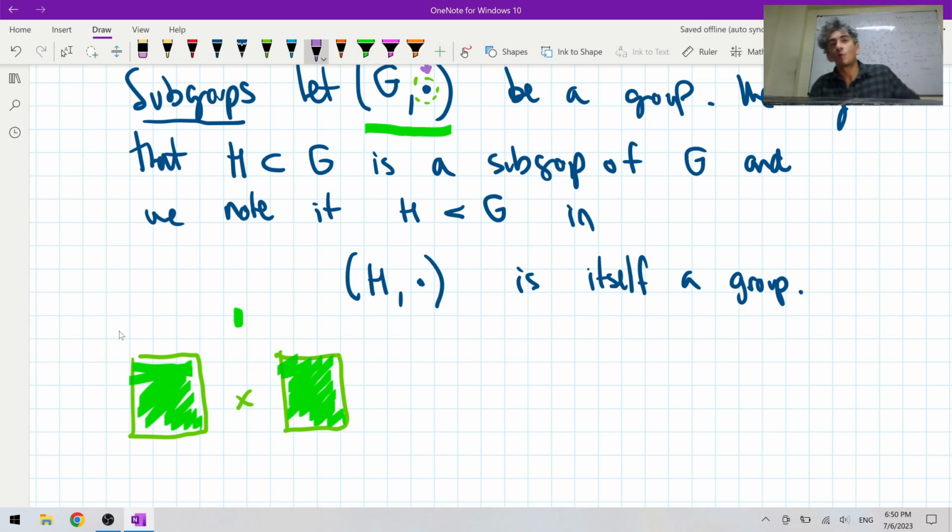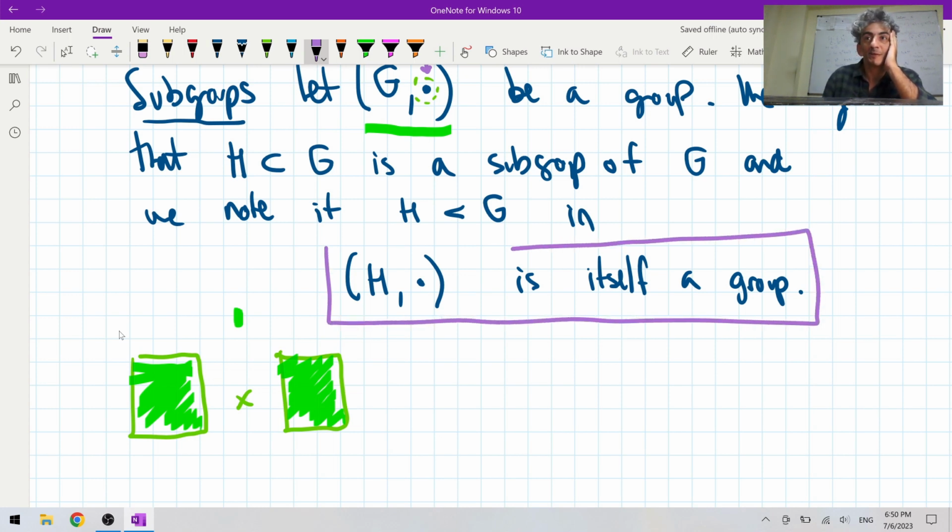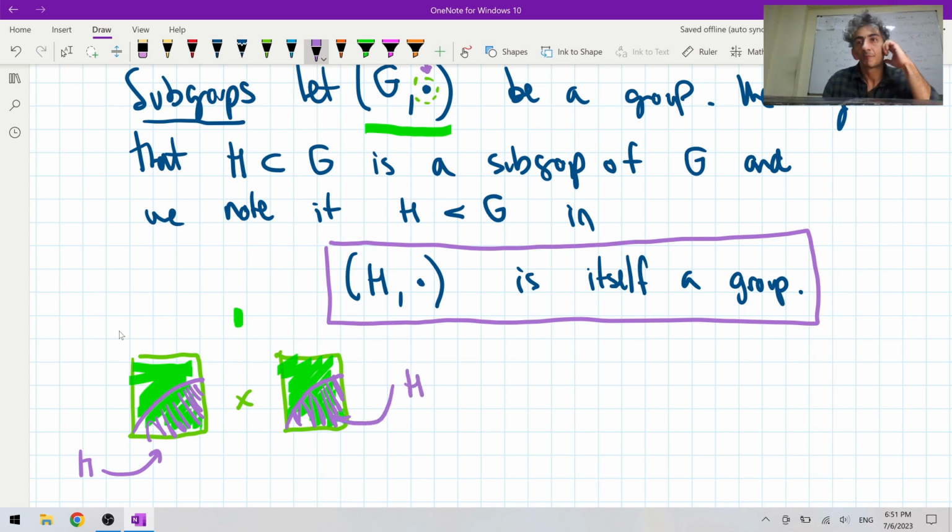So what does it mean that H and dot is itself a group? This means that since H is a subset of G, this is H and this is H, then dot restricts to H times H nicely.